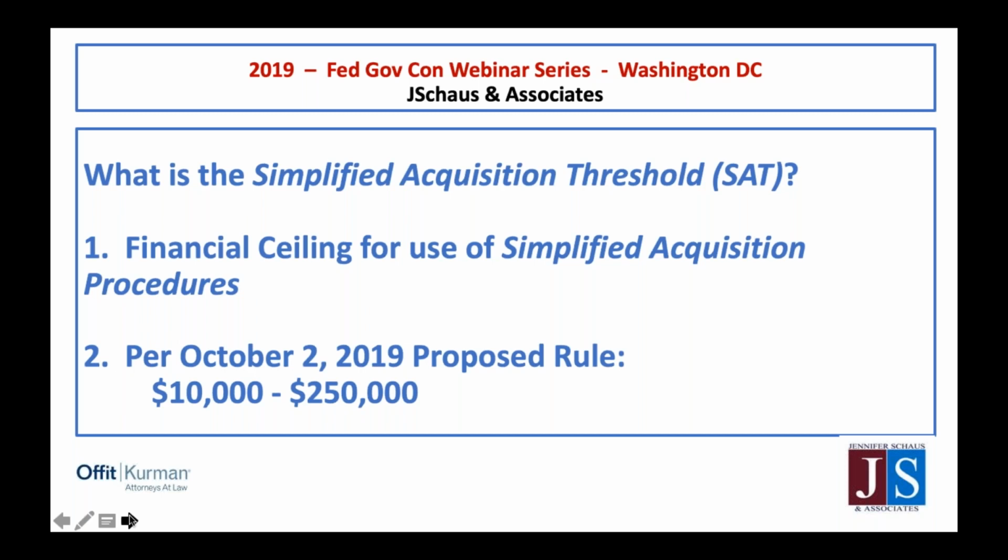In a proposed rule issued in October of this year, the FAR Council recommended a rule that would raise the levels to where Congress wished them to be, which is what we see here on the slide: $10,000 for the micro purchase threshold and $250,000 for the simplified acquisition threshold, for all intents and purposes.